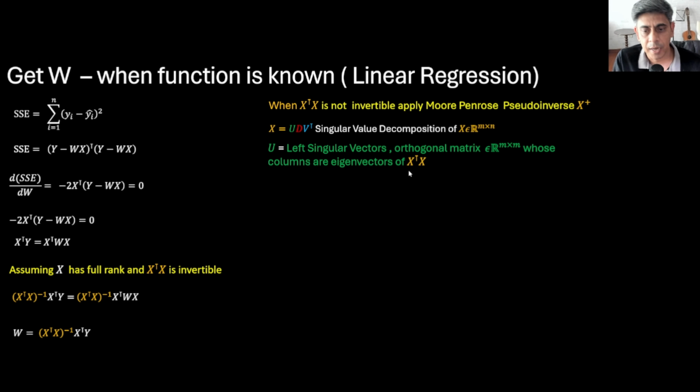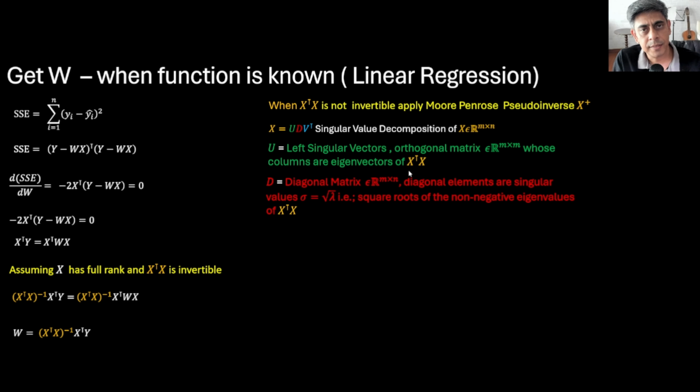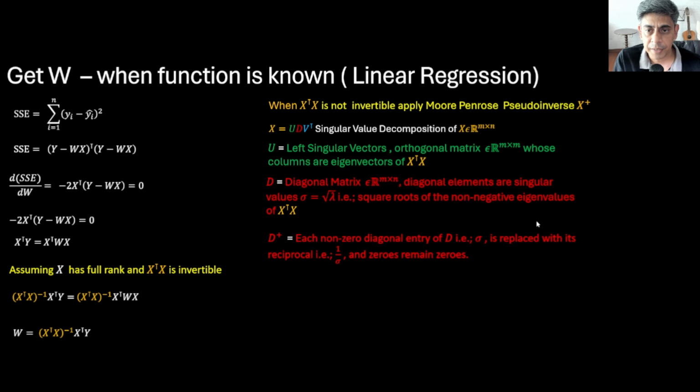Then there is a diagonal matrix where all the diagonal elements are the square roots of the eigenvalues, called the singular values. They are non-negative. And then D plus replaces the diagonal elements of D by the reciprocals of the singular values, 1 by sigma, and the 0 remains as 0.